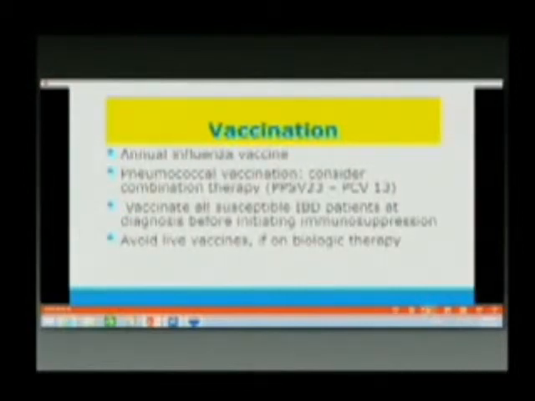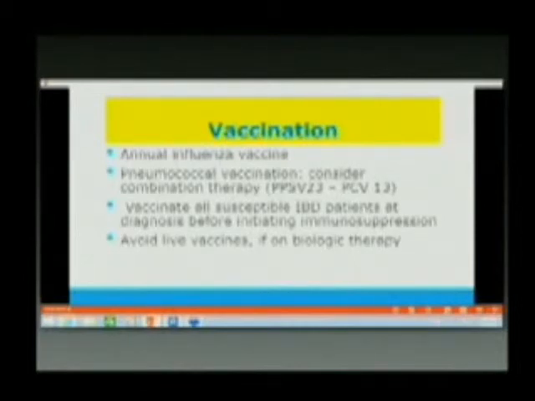Okay. We've already mentioned that there's a high risk of getting infection in patients on anti-TNF therapy, especially if this is done in combination with your immunomodulators. So the best time to actually vaccinate your patients is before you even start your immunosuppression. You certainly cannot give your live vaccines, okay, while you're on biologic therapy.